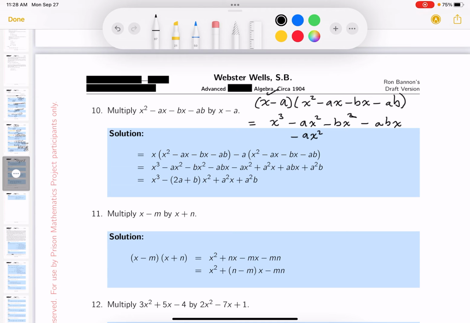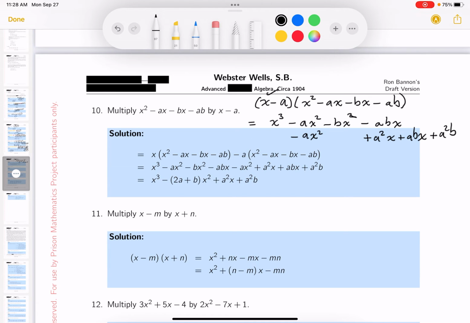Minus, let's see, I can be careful here, right? That's going to be not minus, plus, right? A squared x plus abx. And last but not least, you get plus a squared b.